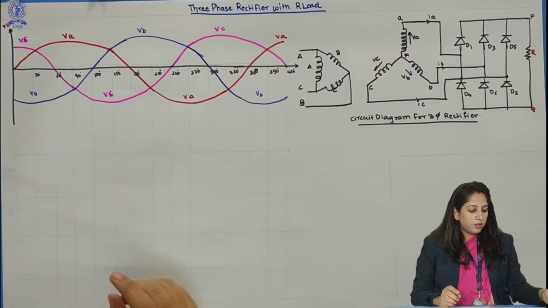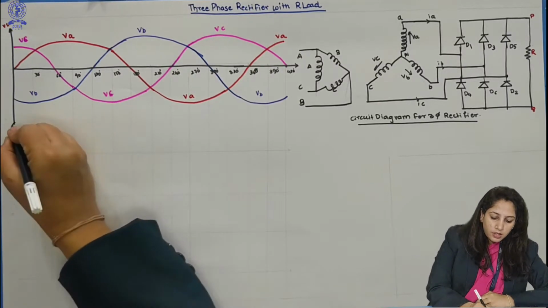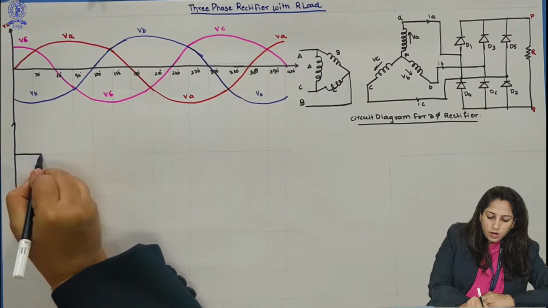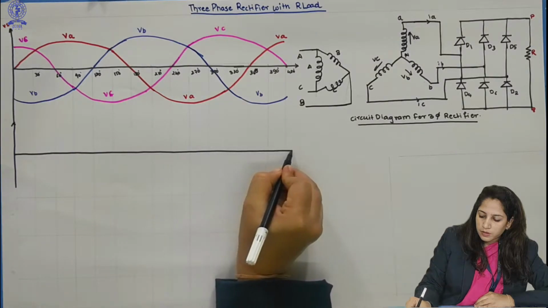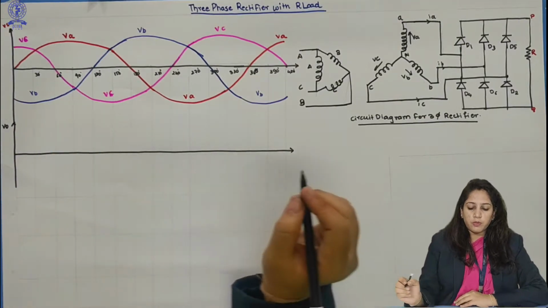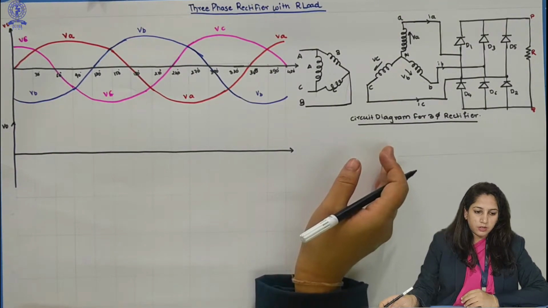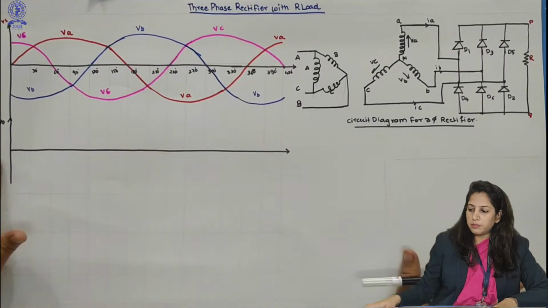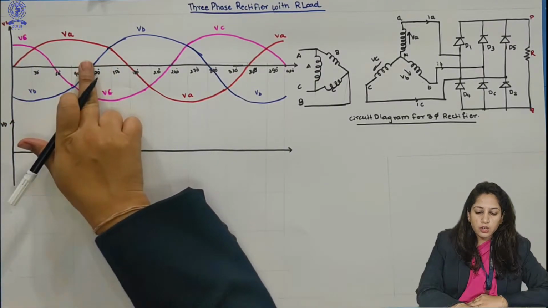Now we will see how this forms. Here I will then show you the output voltage V0. I have drawn projections in order to keep our waveforms clear and neat. Now we will start with VA.